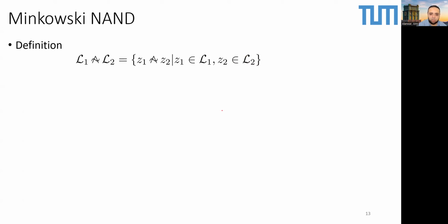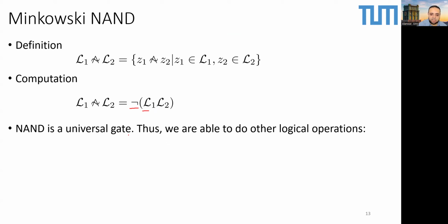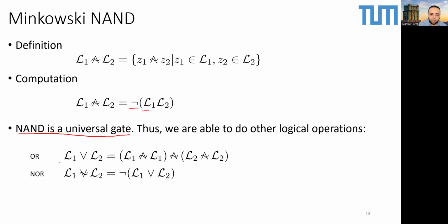Given that we are able to do the AND and the NOT, we are able to do the NAND, which is NOT AND, as you of course know. And the NAND is a universal gate, which means you can build any logical circuit or Boolean function using the NAND gate. So we will be able to do the OR and the NOR using the NAND gate.